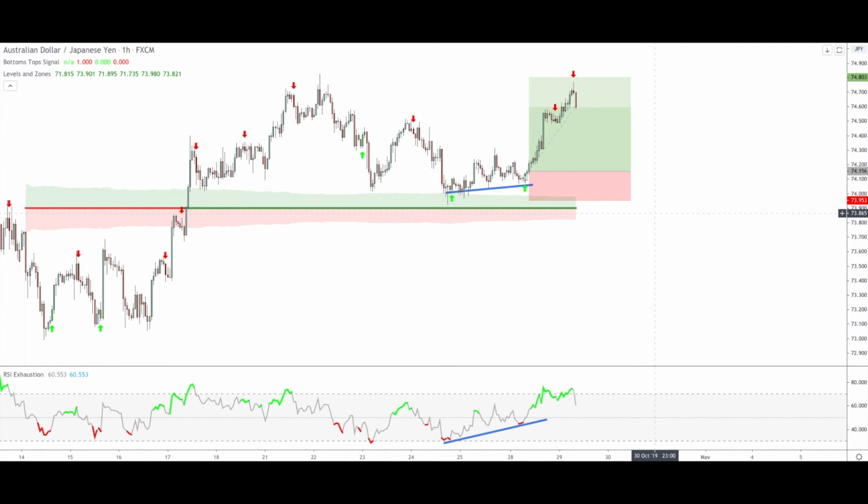Not really, because as you can see here, the RSI went slightly down and then slightly up. First of all, it's pretty much at the same level, so it's not really moving down that much. But the other thing is that, except for this candle, this moment right here, the RSI stayed exhausted throughout all this period.